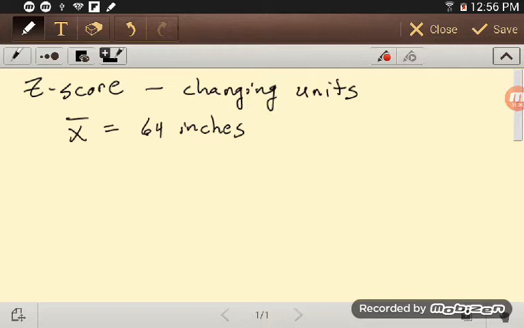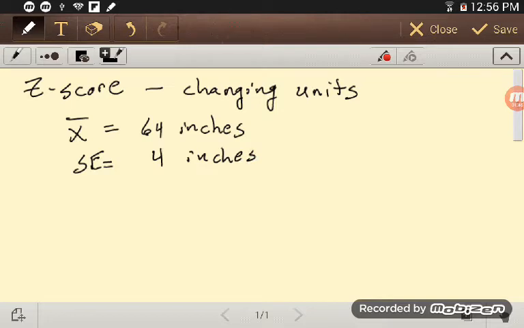Okay, so I've done this, and also my best guess for the standard deviation of this, or well, let's go with standard error. The standard error in this particular situation is maybe 4 inches.